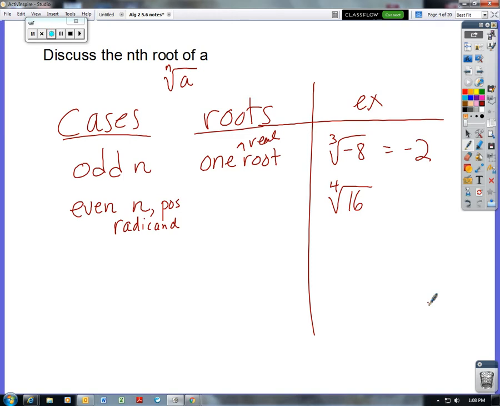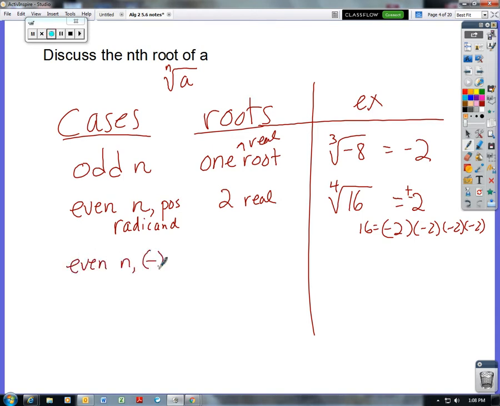So what number times itself 4 times will equal 16? That's 2. So, oh wait, actually it's plus or minus. Because what if you did negative 2 times itself 4 times? You would also get 16. So I almost forgot it. There's actually 2, plus or minus 2. So that means there are 2 real roots possible.